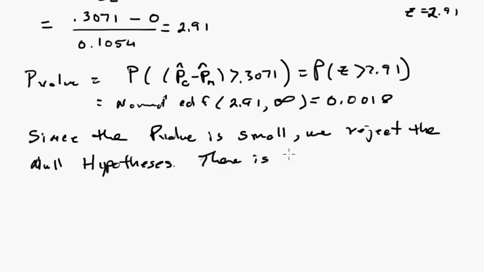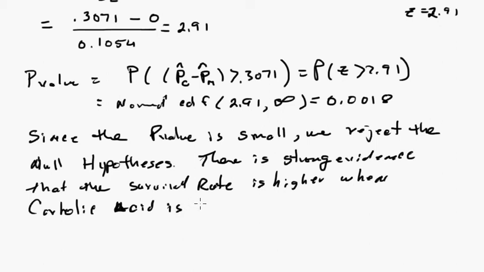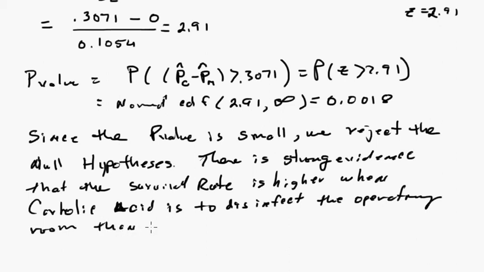There is strong evidence that the survival rate is higher when carbolic acid is used to disinfect the operating room than when nothing is used. I'm going fast, sorry about that, but you know how to spell.